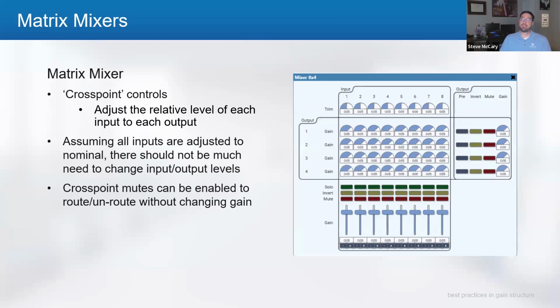So this is where you can either mute an input going to an output, or you can change the level of how much of that input do you send to a particular output. We use these a lot in conferencing systems to create our AEC reference chain.